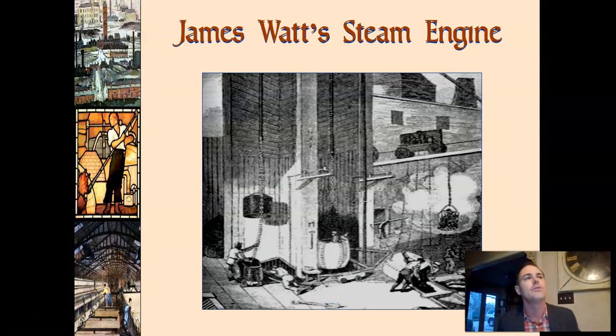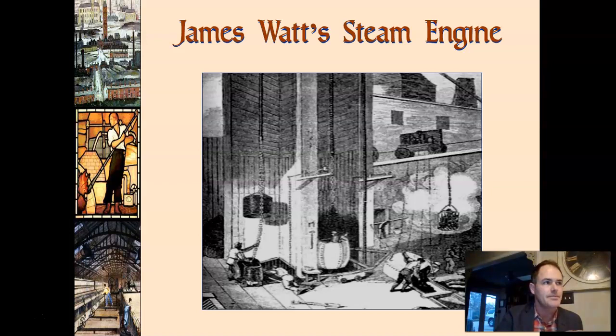And the way that coal is able to power them is with this invention of James Watt's steam engine, probably the most important invention. So you burn the coal, it creates steam, and the pressure of the steam pushes a piston. This is not my area of expertise.